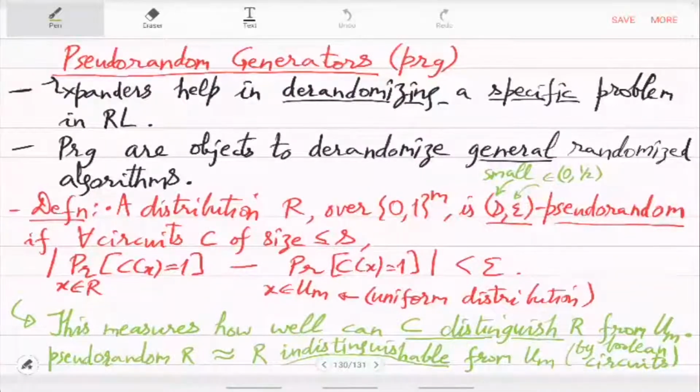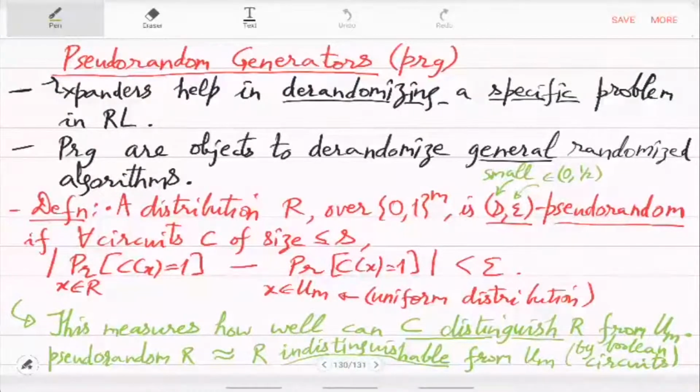because no circuit of size S should be able to distinguish between this distribution R and the uniform distribution UM. So ideally epsilon should be 0, but then we have to tolerate some error because of practical considerations, because of efficiency. So we'll allow epsilon to be something smaller than half, a constant. Okay, you can think of epsilon as 0.1.